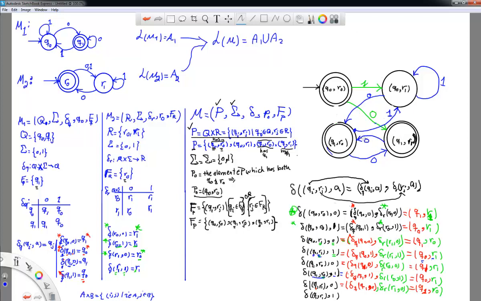for the 0 transitions. And finally, and I'll do this all in blue, so it's going to be delta Q of Q1 1 and delta R of R1 1, which is going to be Q0 and R1.